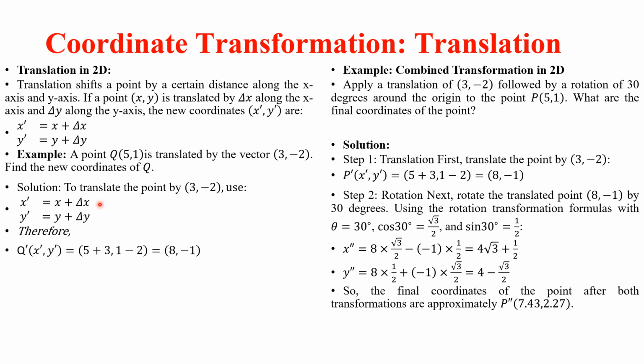Away from rotation, we can also have such transformation in the form of translation from one point to another. Basically it involves a shift by a certain distance along the x and y axis, and you can have it in this form. So this is, let's say, a point Q, and this is the origin.